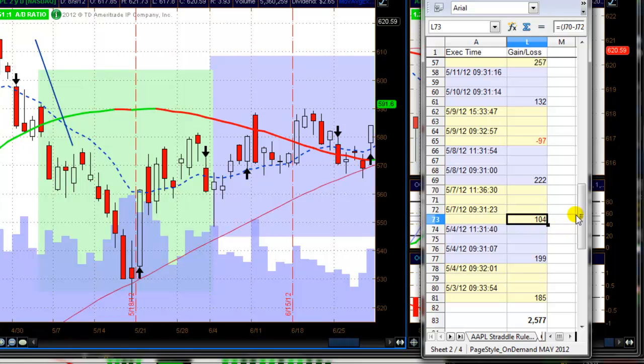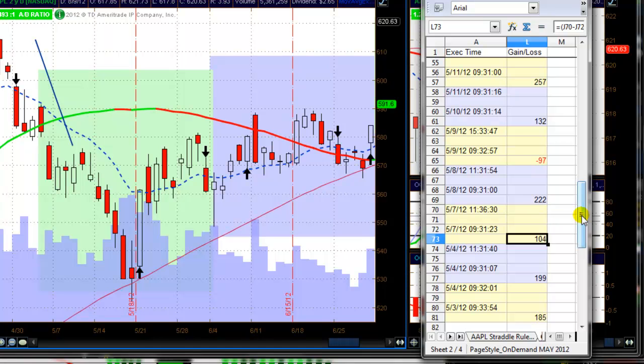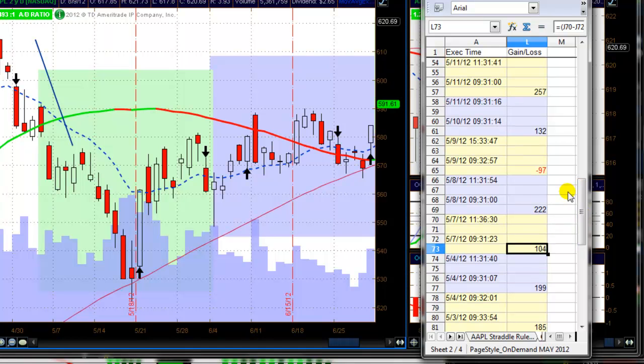Our rule says we get out, we got $104. I don't have transaction costs in here, but you can figure pretty much that for me anyway, it's about $2.50 for each one of these trades, because I pay on a per contract basis. Just because I think I'm grandfathered from the original Thinkorswim before they got bought out by TD Ameritrade. So that was 5/7, which is right here.